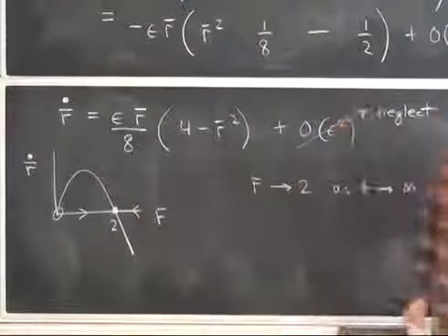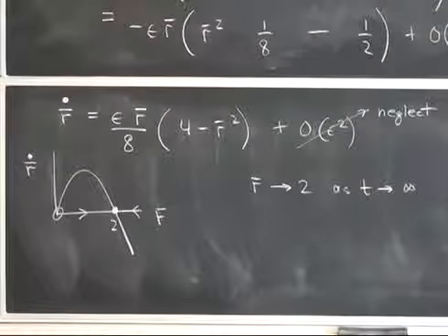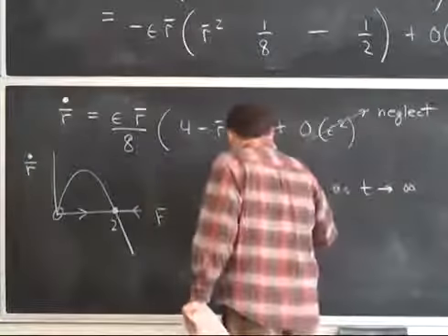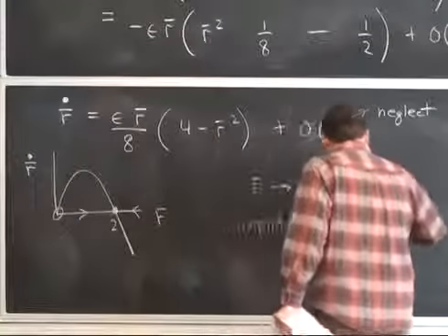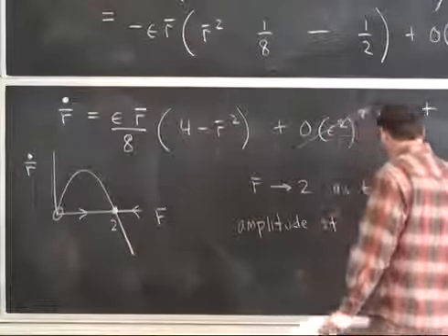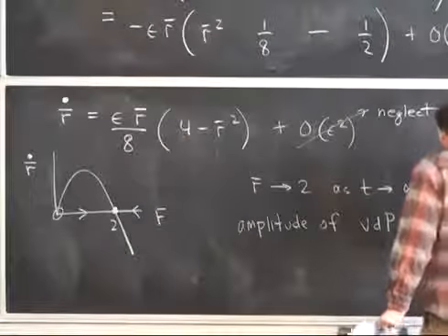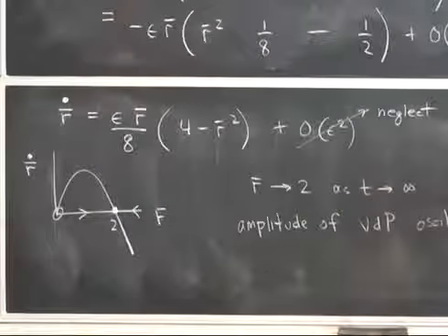And you'll remember, I hope, from our energy method argument that the van der Pol oscillator does have a limit cycle of amplitude 2. That's the 2. So that's the amplitude of VDP, I'm writing for van der Pol oscillator, for epsilon much less than 1.